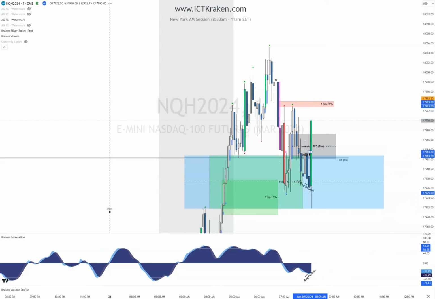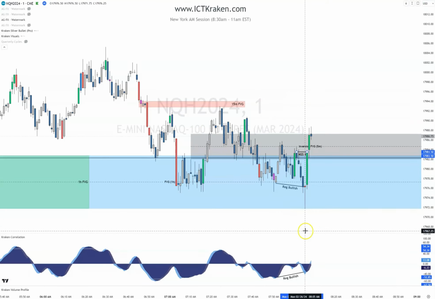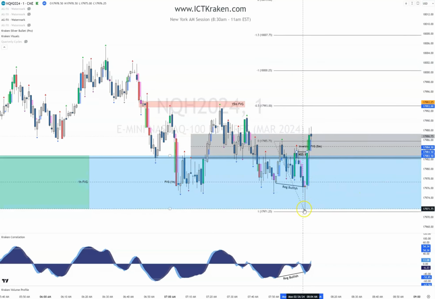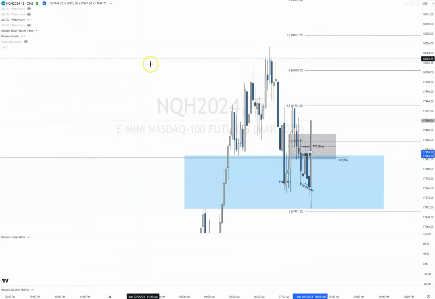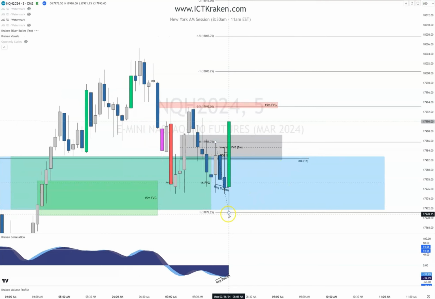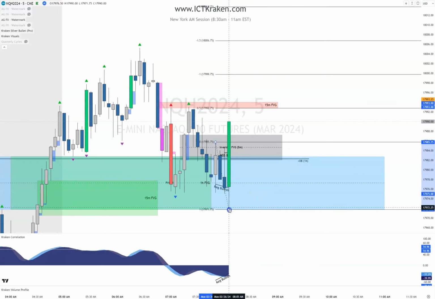Okay, so let's drop back down to the 1 minute here. Let's pull our fib from here to here just to see how high we would go. So pulling the fib, oh, we're pulling it on the 5 minute. So let me just go back here. Where am I pulling the fib from? This is the low right here, and this is the high right here on the 5 minute.